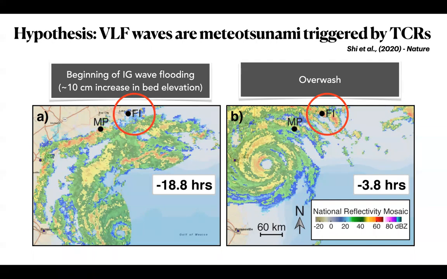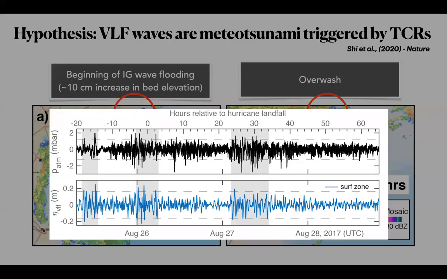I also had a field site farther up the coast at Follets Island, and at this field site, I had co-located pressure transducers to measure atmospheric pressure anomalies, as well as a pressure transducer in the surf zone. Here I'm showing these pressure anomalies, and they correspond to very low frequency oscillations in the surf zone.